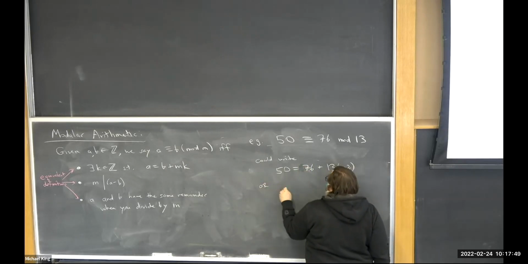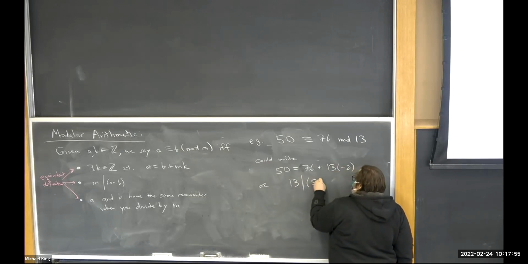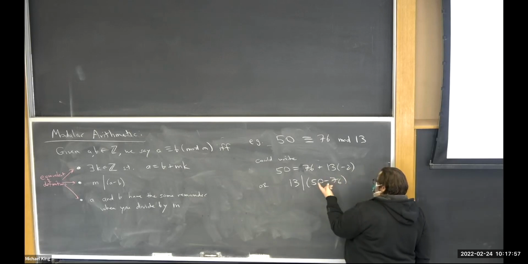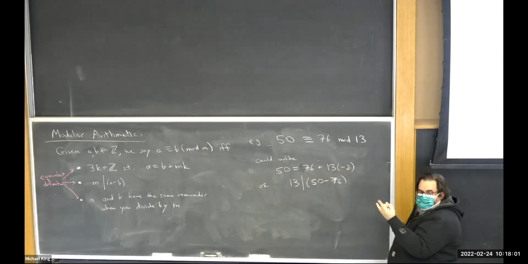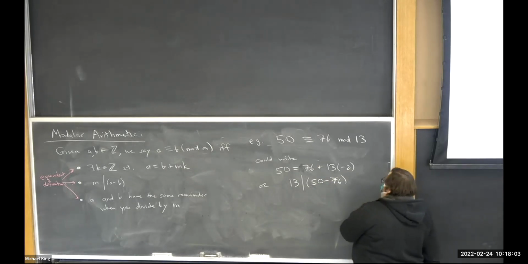Or 13 divides 50 minus 76. It doesn't really matter which order I do it in. It turns out A is congruent to B and B is congruent to A.